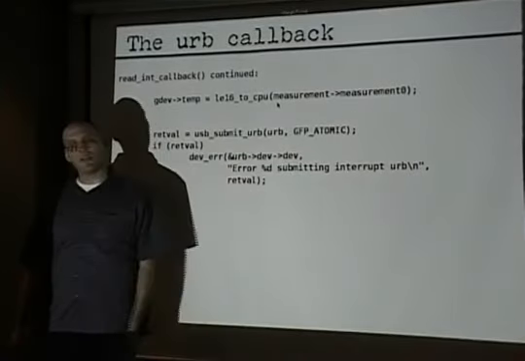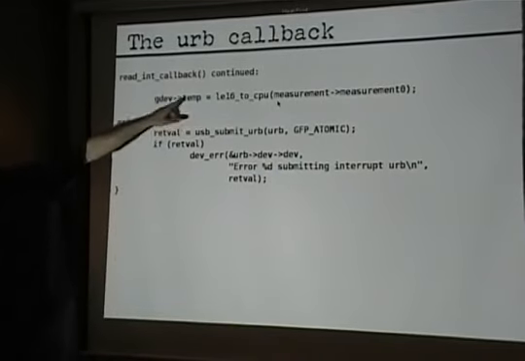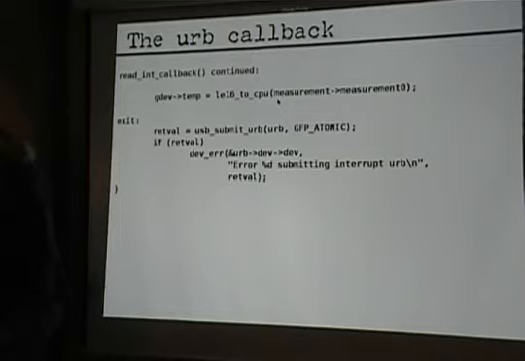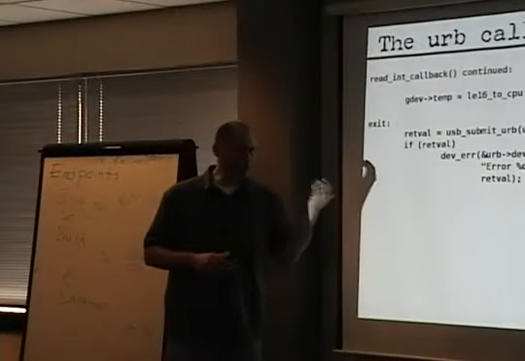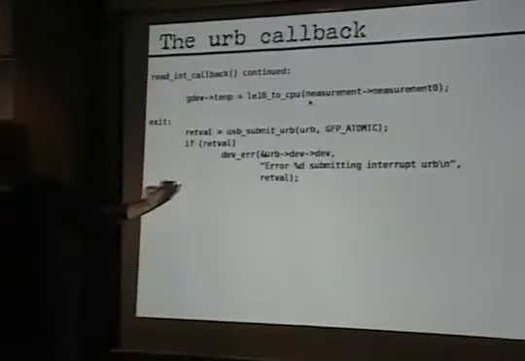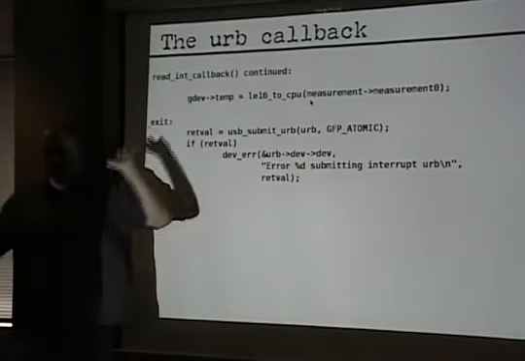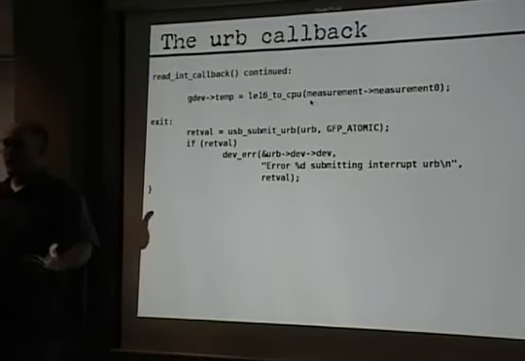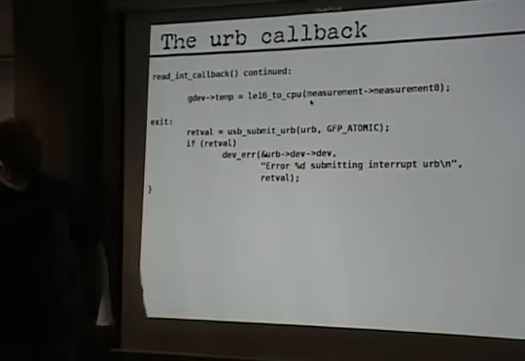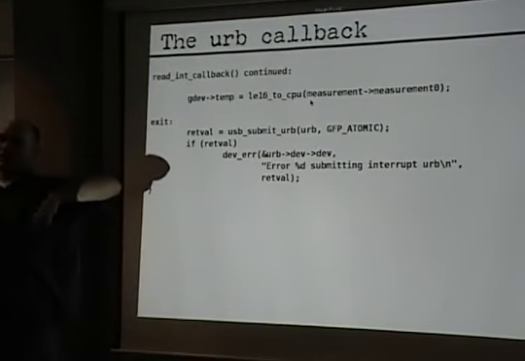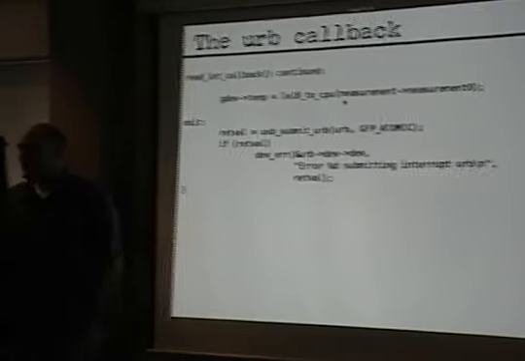We do it with GFP_ATOMIC, now that we are in interrupt context. Here we just save out the value into another structure. We don't want to do any complex processing, as we are in interrupt context, so it should be as fast as possible. We submit the URB, and then we get out of there. If the URB didn't submit properly, we report an error. That's our callback. We modified the value in our structure, so if you do a sysfs read, it'll read that value.